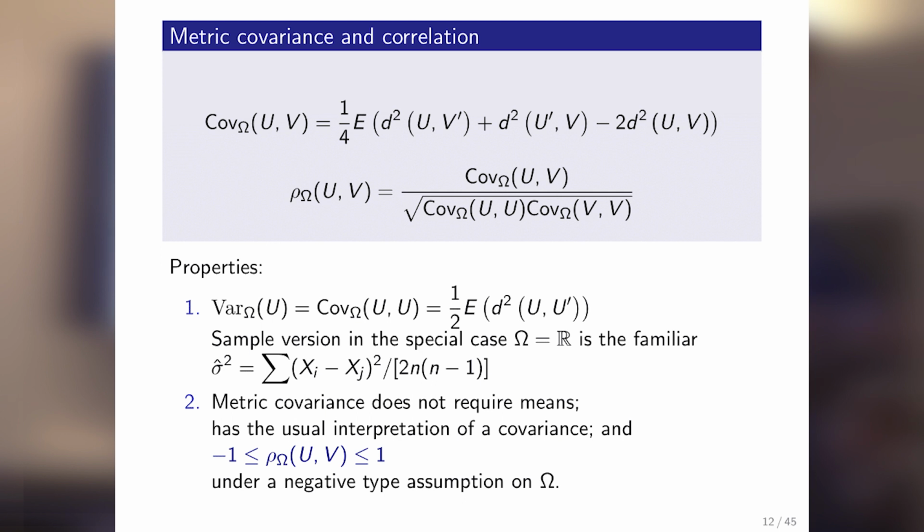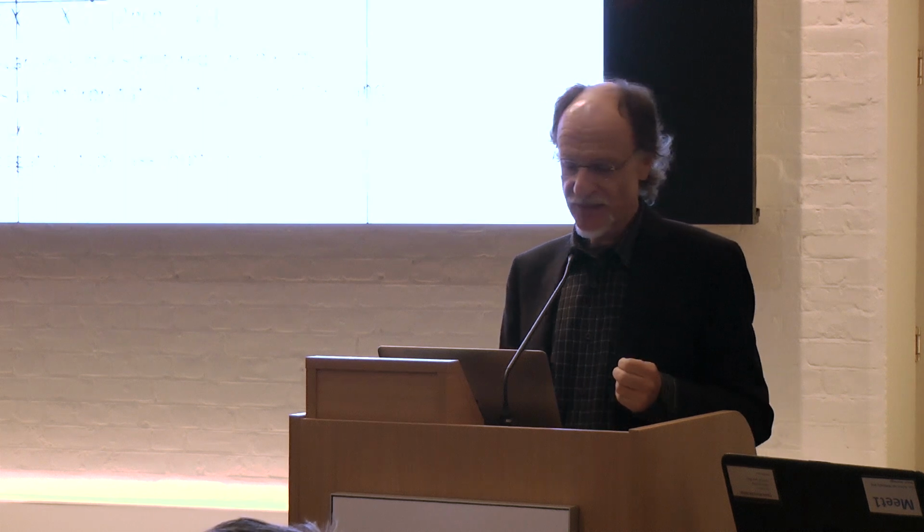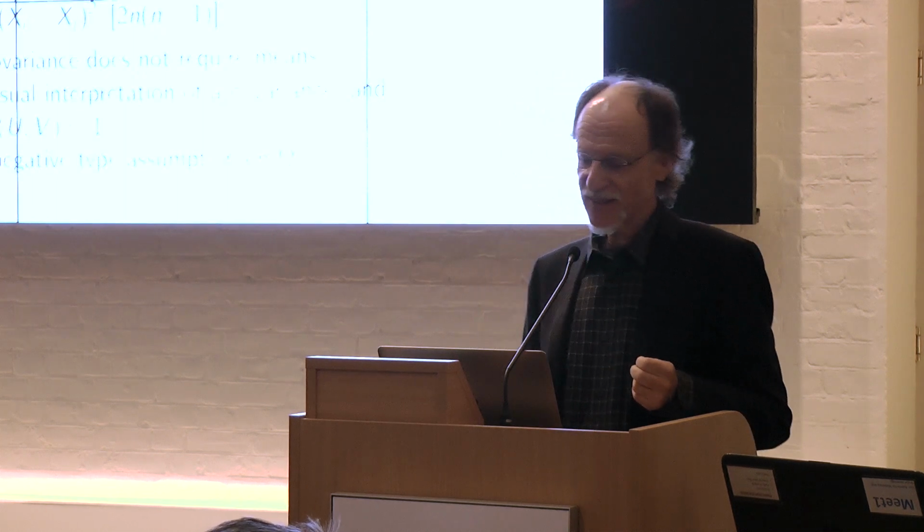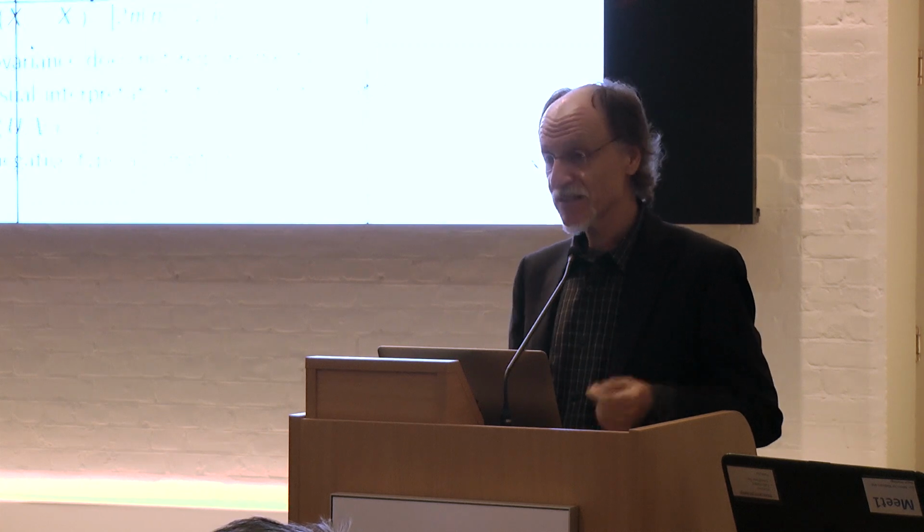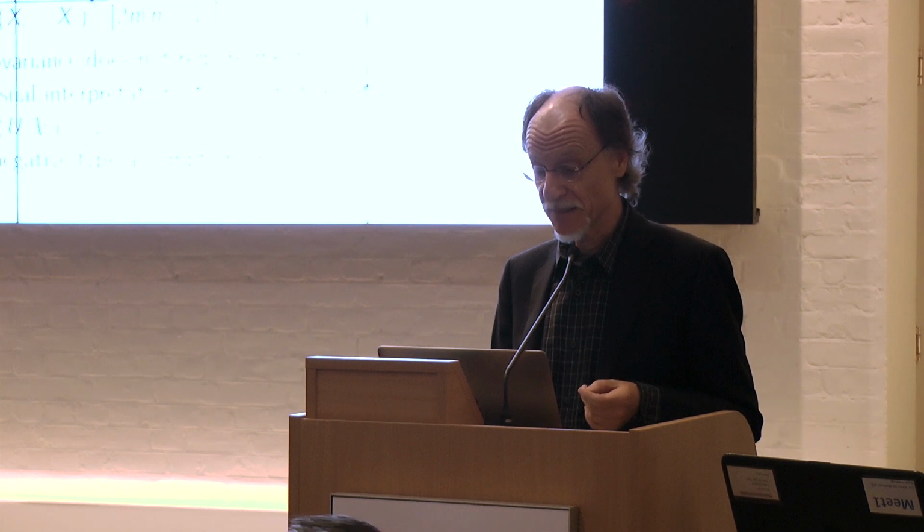So what are the properties of this? Well, let's talk about the variance, which is a special case of the covariance. So you get 1/2 the expected value of d squared of U, comma U prime. U prime is the independent copy of U. This, of course, is well known in the Euclidean case, because all of you know that sigma hat squared, the sample variance, can be alternatively expressed as a sum of the square distance between the data. That's exactly the same, right?